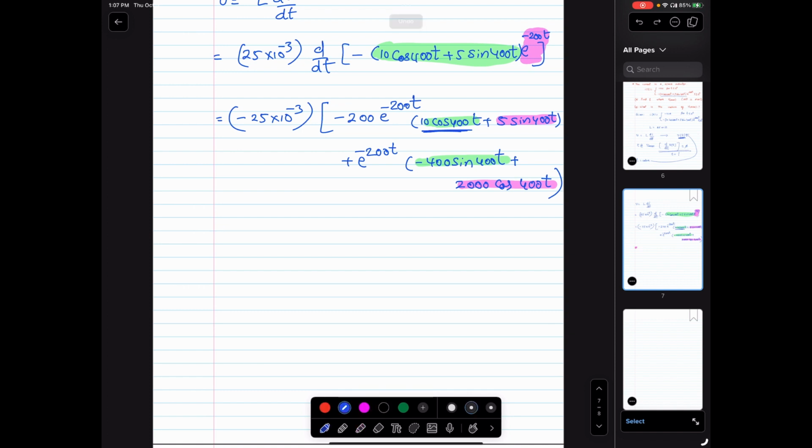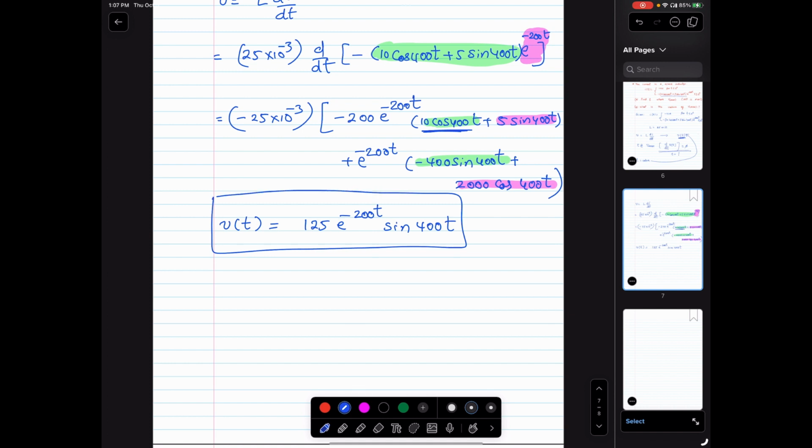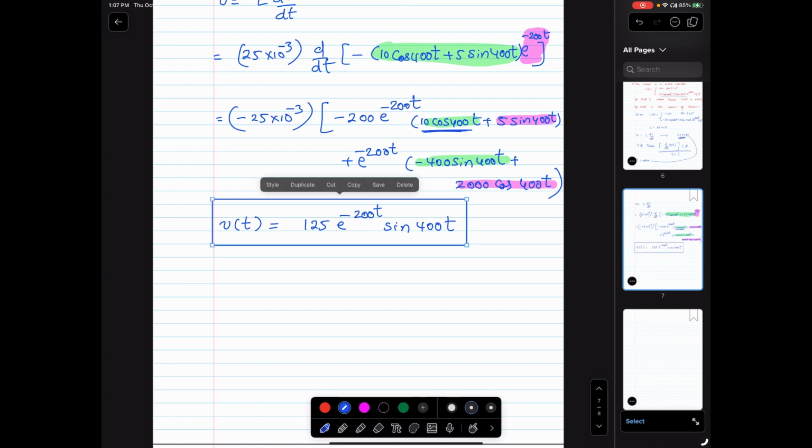Eventually, you will get that the expression for v of t, the voltage across the inductor, is going to be 125 e to the negative 200t sine 400t. So this is the expression for voltage across the inductor as a function of time. Now, what is our strategy?